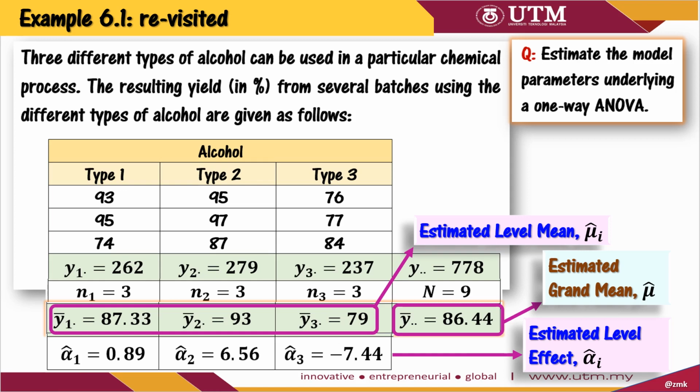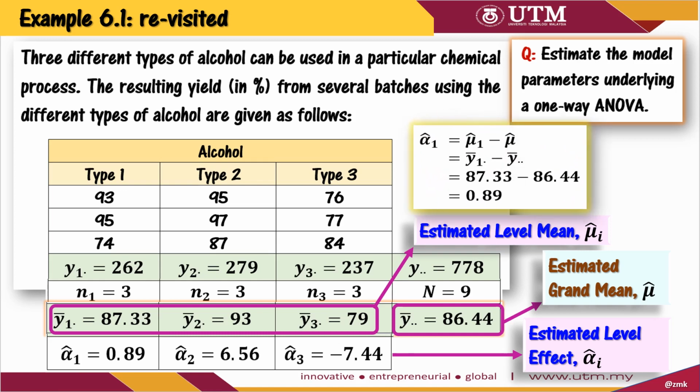For example, to obtain the estimated level effect for the first level, denoted by alpha hat 1, we can calculate the difference between the estimated first level mean and the estimated grand mean, giving us a positive value of 0.89, indicating a positive effect. You can also see a positive effect for the second level, but a negative effect for the third level.